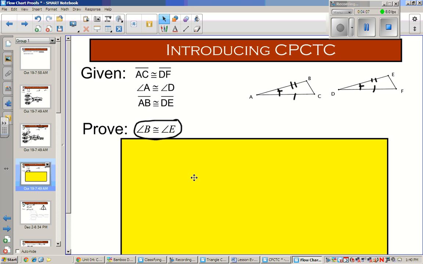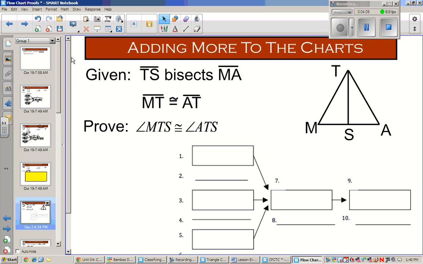Now let's go to this next one. Now we're going to add even more to the charts. TS bisects MA. Now in these 3 blanks, what we need is saying something is congruent. So we go off to the left here, and we say TS bisects MA.